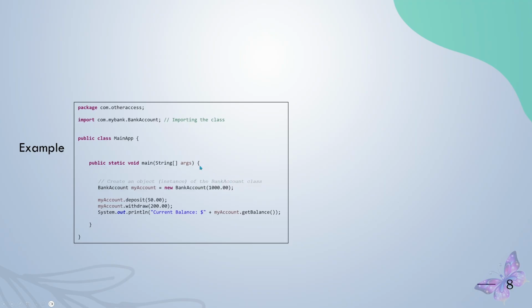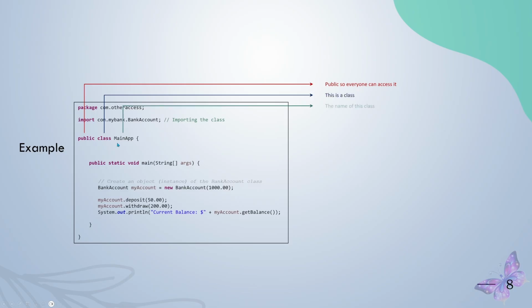Why this structure? Here, public is public, so everyone can access. This is the class, and this is MyApp, which is the name of the class.